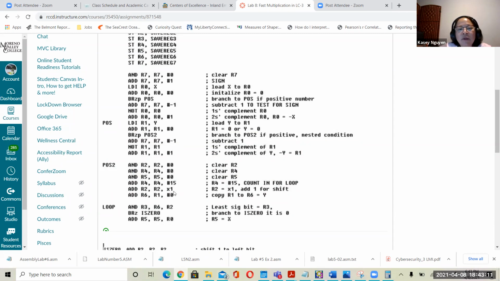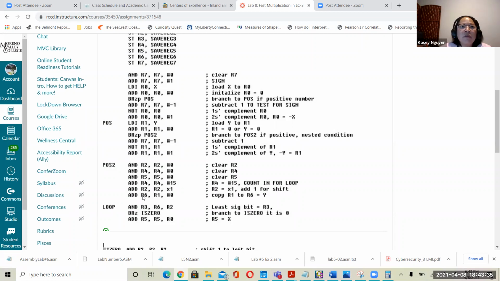And then I would add 1 to register 2. So this is when we would add shift. So we would add hex 1 to register 2. And then we would copy it to register 6, where register 6 is going to be Y. So I copy Y to register 6. Why is that?